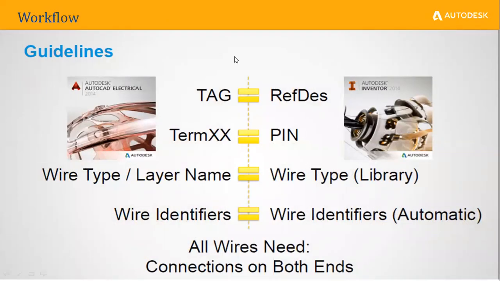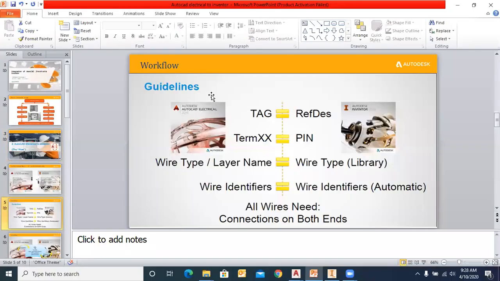So there are some guidelines: some of the terms are used in Electrical, and some of the terms in Inventor. Basically they mean the same, but they are represented with different terms in Electrical as well as Inventor. As we have seen this tag, right? Let me show you the tag.